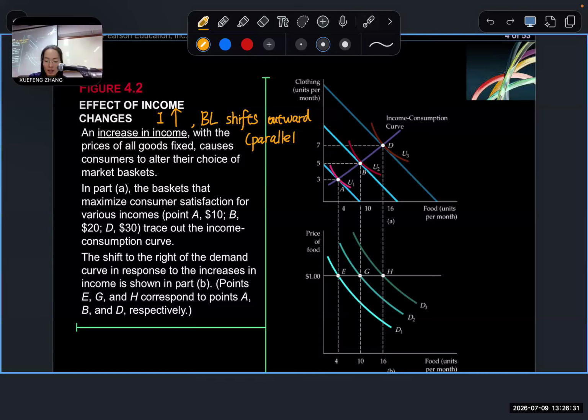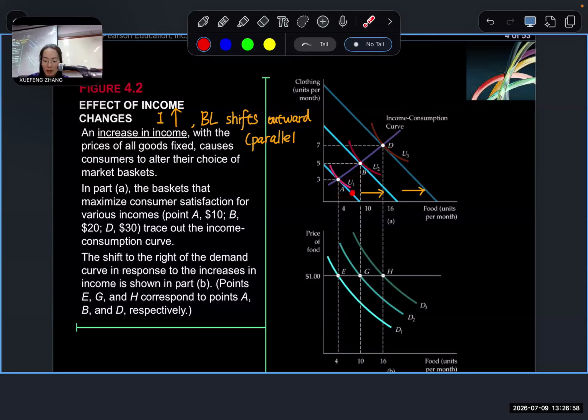Here you can see it going from the inner budget line to the middle and then to the right. Of course, if the income changes, we find a new optimal point. The consumer finds a new optimal each time.